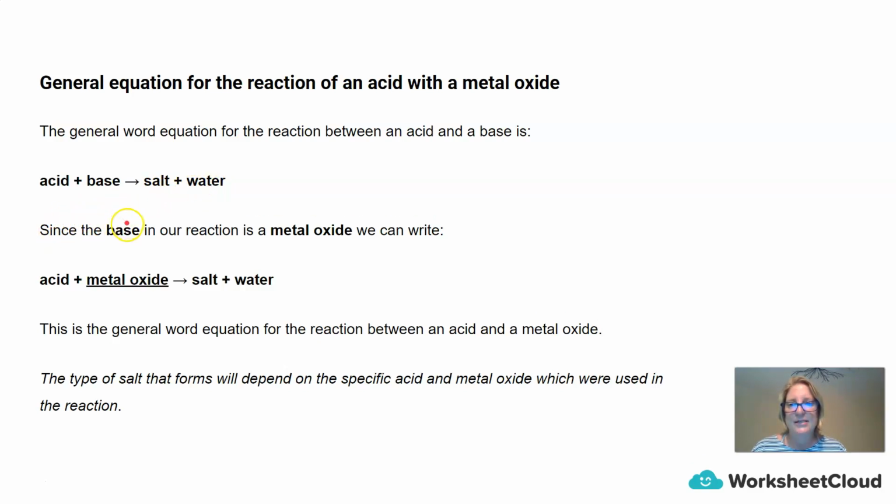Since the base in our reaction is a metal oxide, we can just substitute the words metal oxide for base, which means an acid plus a metal oxide reacts to give us a salt and water. And this is the general word equation for the reaction between an acid and a metal oxide. The type of salt that forms will depend on the specific acid and metal oxide which are used in this reaction.